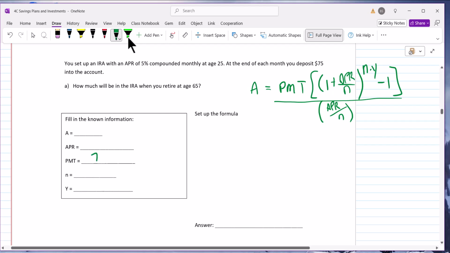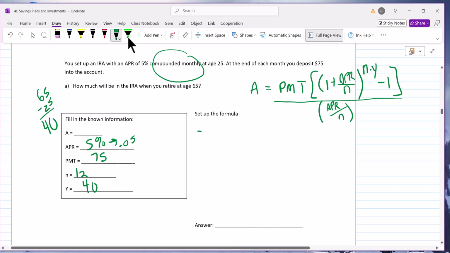Okay, so 75 is your payment. Your APR is 5%. That gets changed to 0.05. N is 12 because it's compounded monthly. And then you have to do the 65 minus 25 tells you that you're doing a 40-year account. Okay, like that. So that's what everything is.